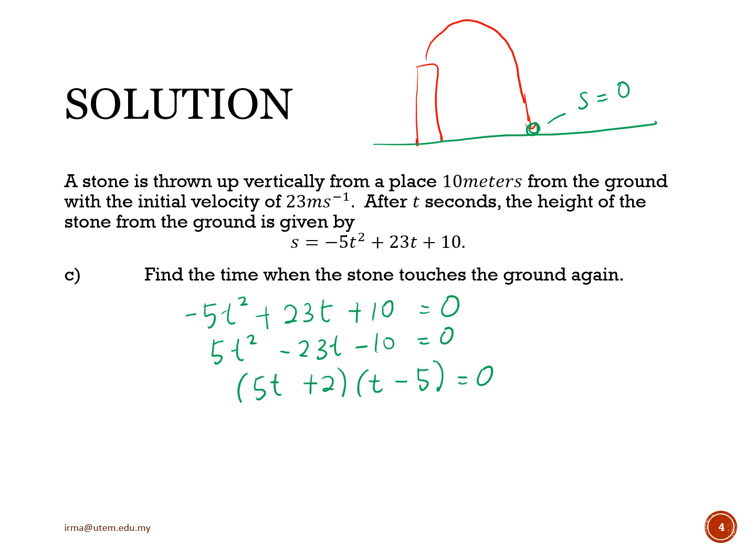So from here you will get t equal to negative 2 over 5, or t equal to 5. Okay, since we don't have time as negative numbers, we will choose t equal to 5. Okay, alright, so these are the answers for example 14.